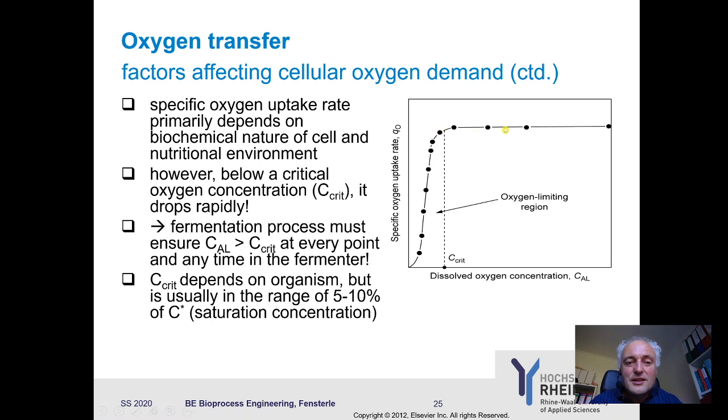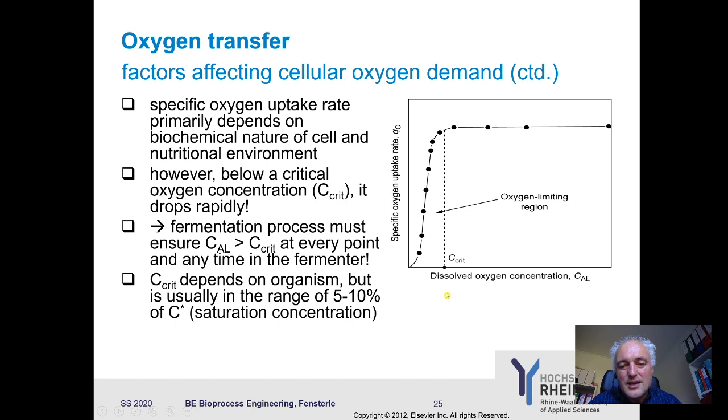The interesting thing is that it's quite constant over a range of oxygen concentration. So it's also a function of oxygen concentration. However, below a critical concentration, the specific oxygen uptake rate drops dramatically.